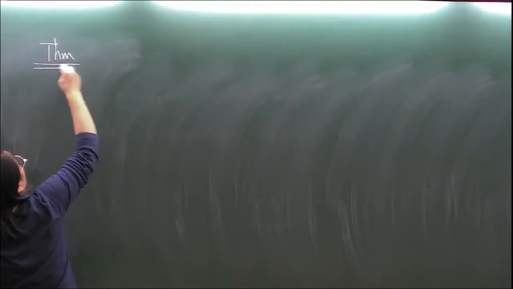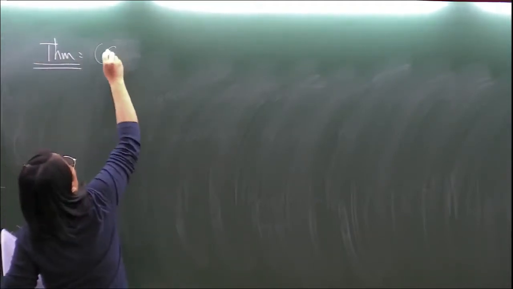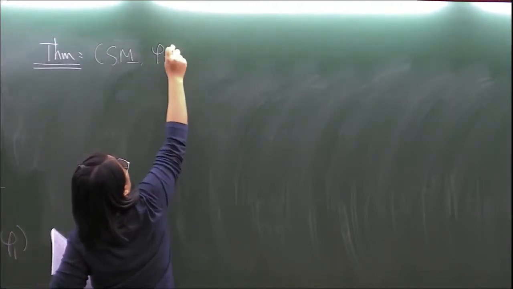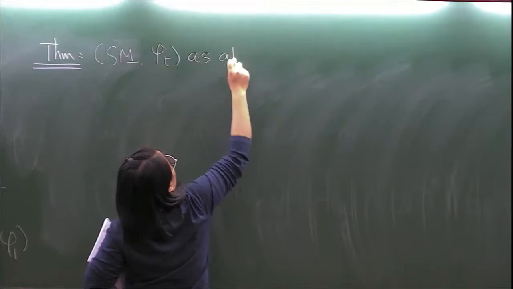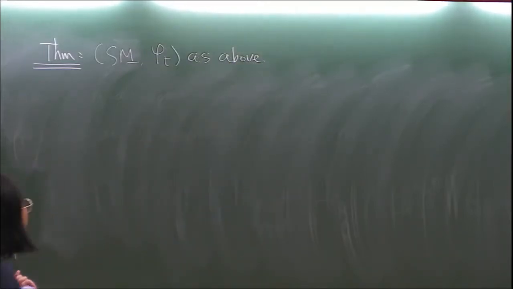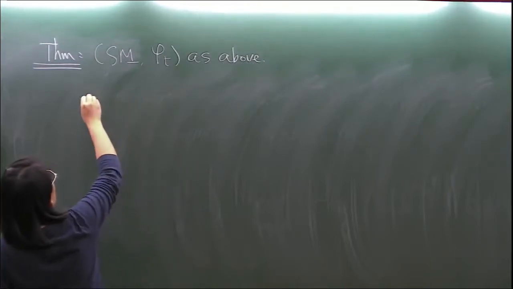So the third one, I want to promote it to be the theorem. So we have SM and phi 1 or phi t as above. And then you will have these inequalities.